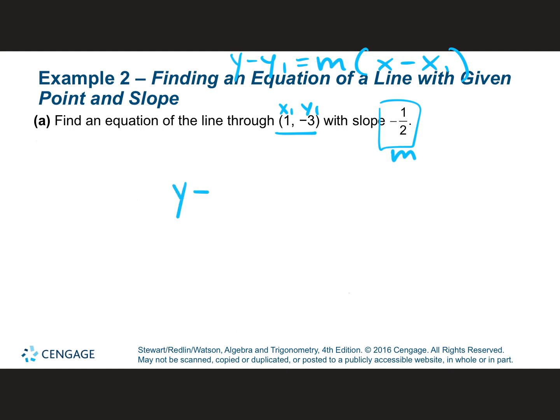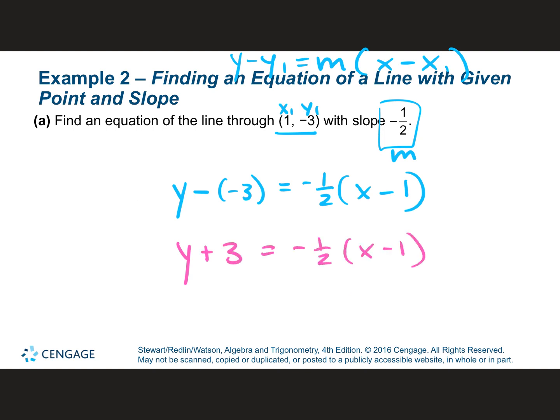So I have y minus negative 3 is equal to our slope, which is negative 1/2, times x minus x1, which is 1. To simplify this a little bit more, what happens when you have minus a negative number? It turns into plus. This would be y plus 3 is equal to negative 1/2 times x minus 1.